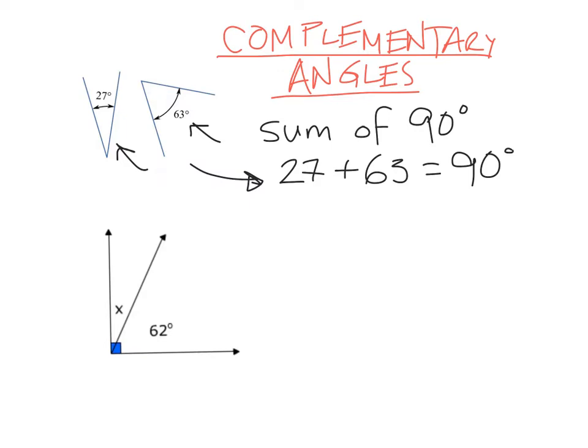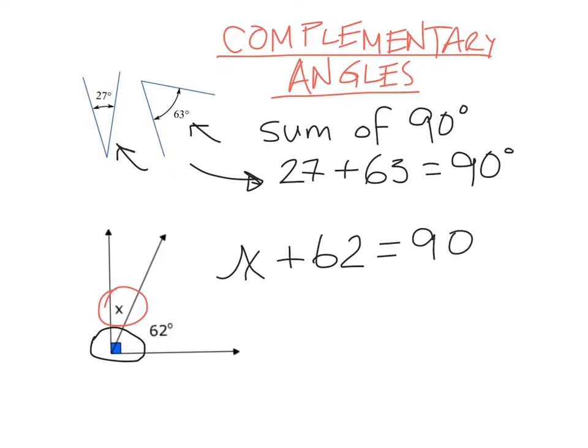So here is a diagram, and you know that based on that complementary relationship that they add up to 90 degrees. So we want to be able to solve for x. Okay, so we've got to find x, right? And so what we're going to do is we're going to solve this algebraically too to get you in the practice, right? x plus 62, because I know those two angles together are going to equal 90 degrees.